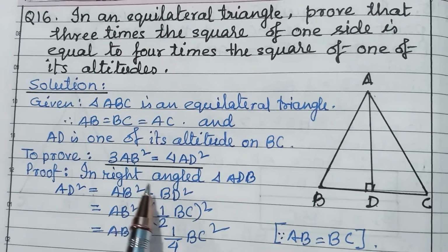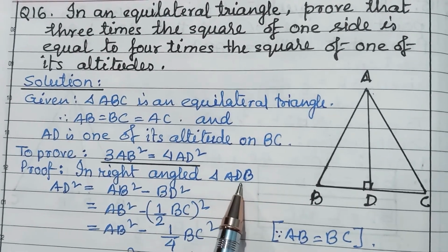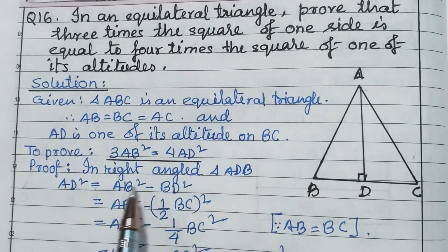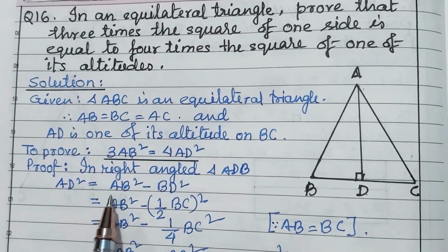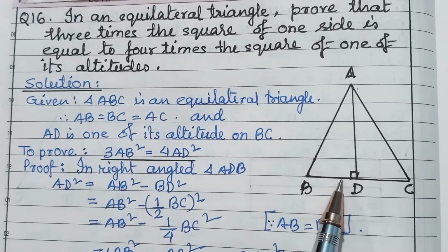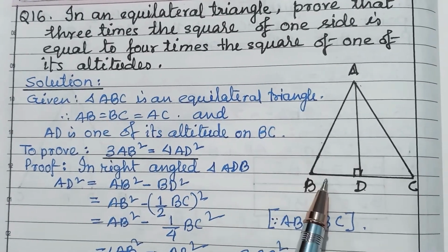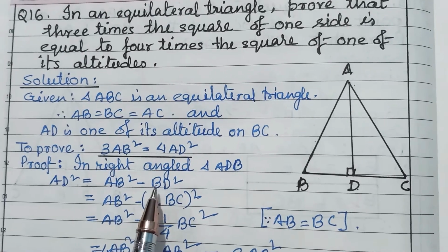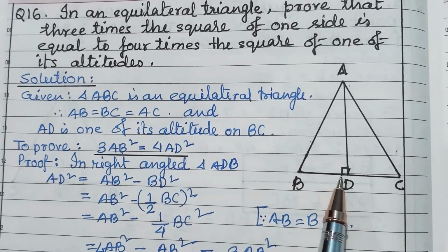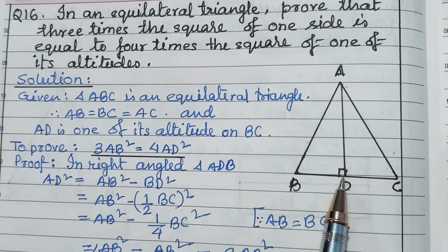Now in right angle triangle ABD, one triangle you take, this one ABD, AD square is equal to AB square minus BD square. Hypotenuse square minus base square. Now BD is given as the midpoint, so it is half of BC.